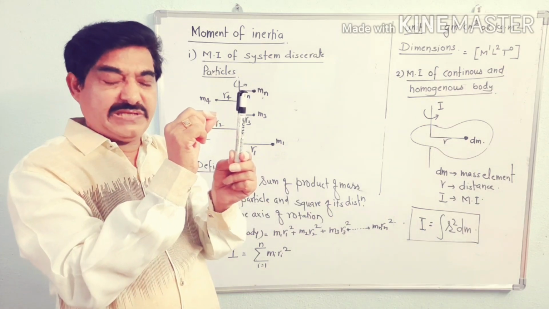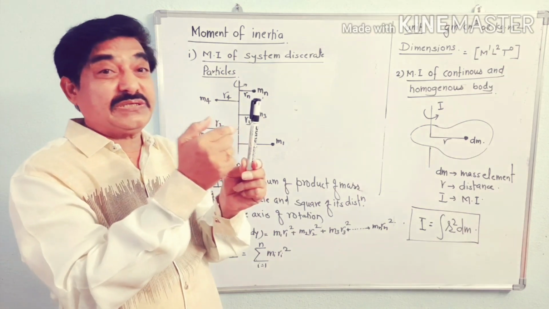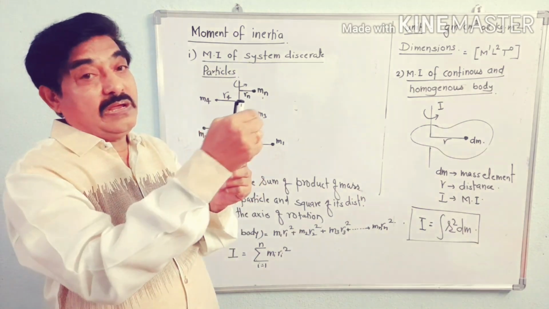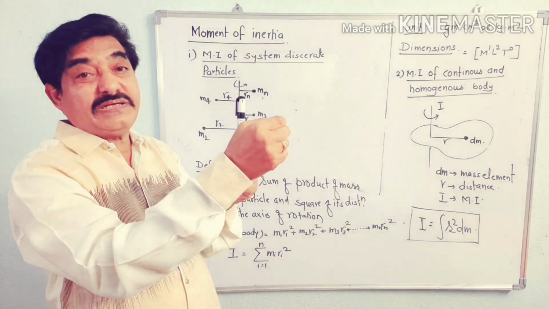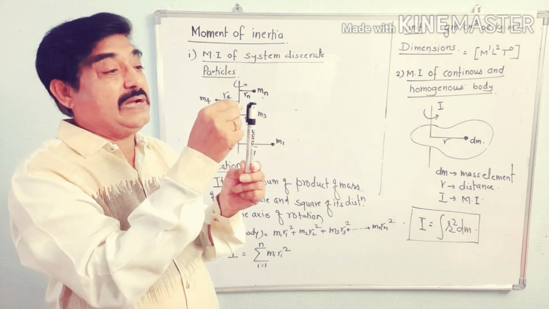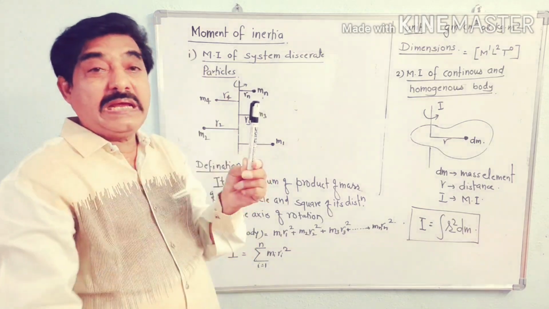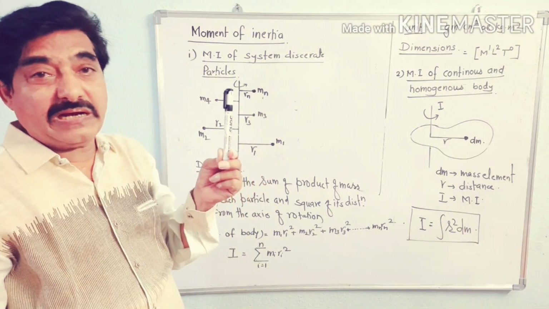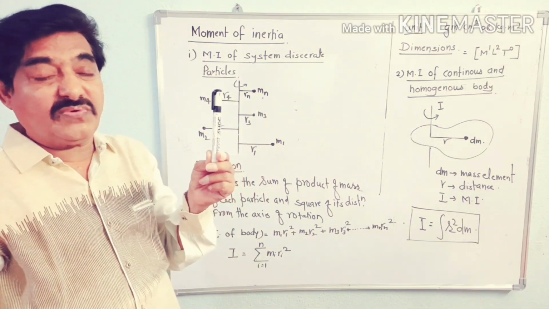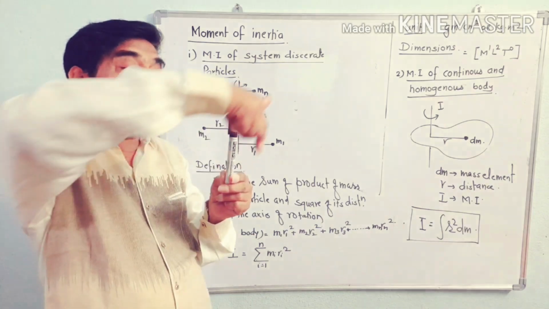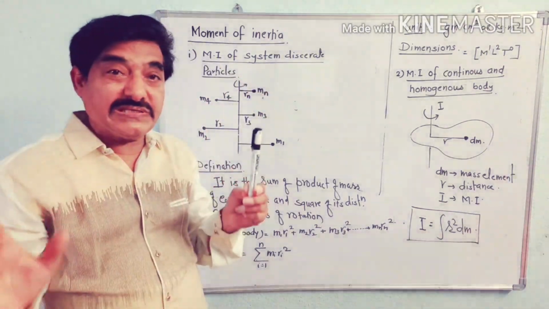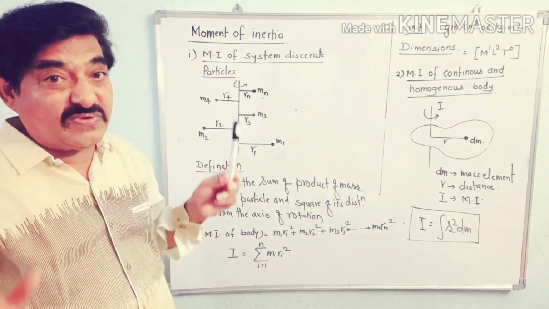Point mass M3 is kept at a distance R3. M4 is kept at a distance R4 and Mn is kept at a distance Rn from the axis of rotation, and all these particles are point masses and they are discrete from each other.